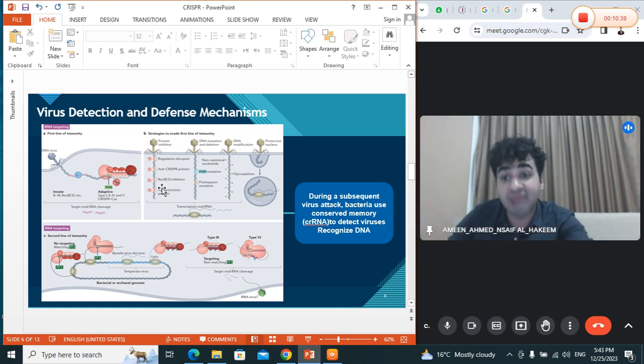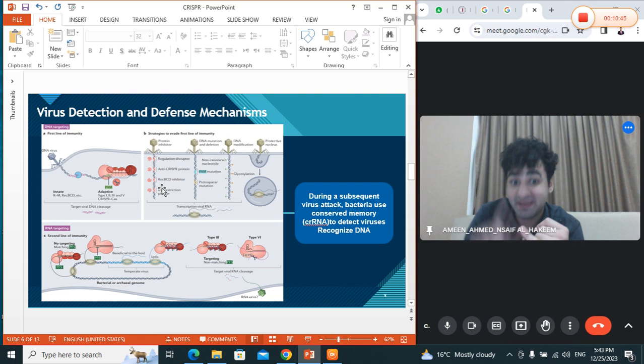On the other hand, bacteria can interfere with viral replication. They can interfere with stages of the viral replication cycle, such as blocking viral entry, disrupting viral transcription or translation, and preventing the release of viral particles.